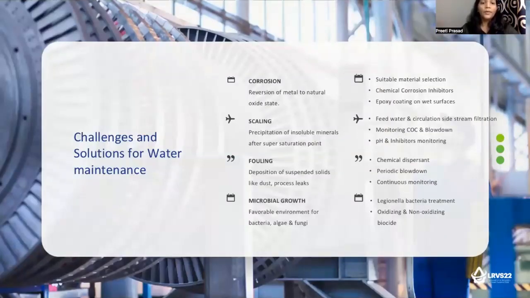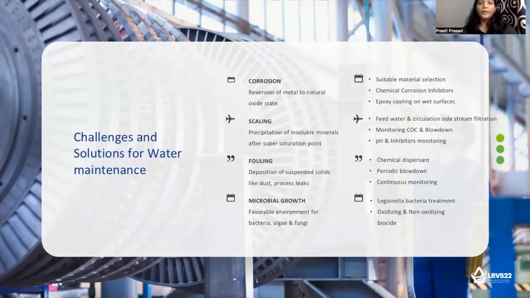So what are the challenges and solutions for water maintenance and also lubrication? As you can see, in both sections the challenges are more or less the same, or I will say totally the same: because of contamination, corrosion, scaling, fouling, and microbial growth are the major challenges a lubricant has to face and also water has to face.